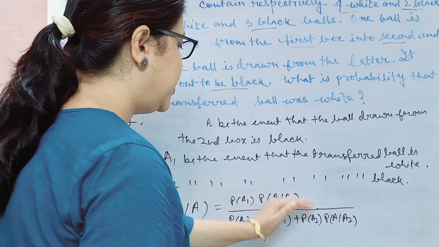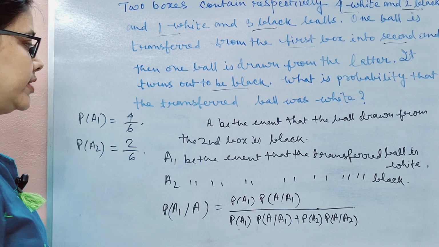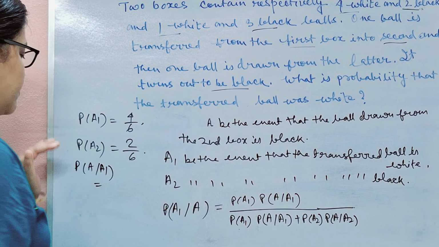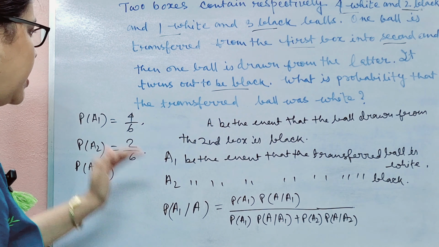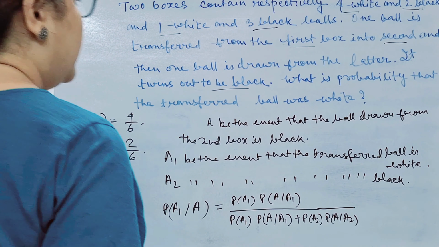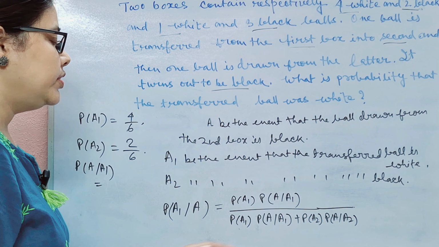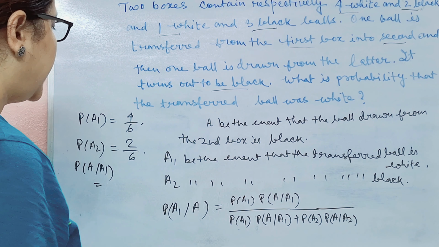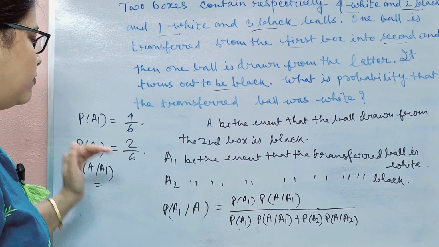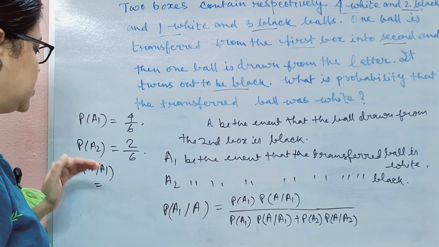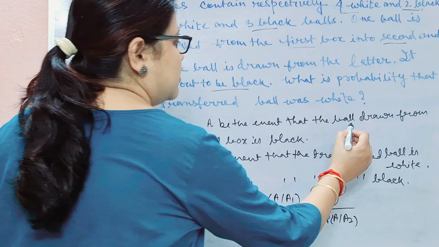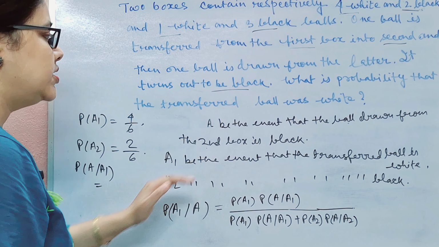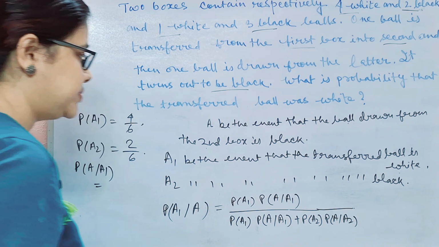Now we will have to find out probability of A by A1, and that is the probability of A when A1 is already occurred. That means the probability that the ball drawn from the second box is black when the transferred ball is white.